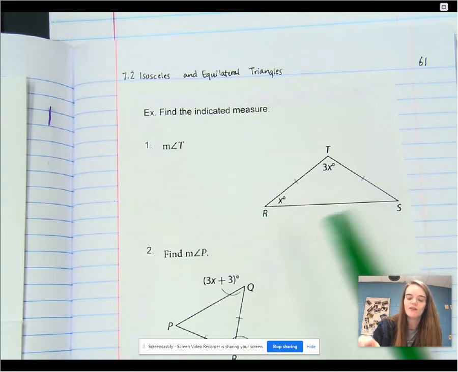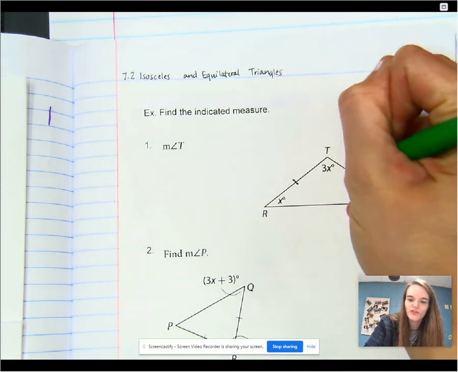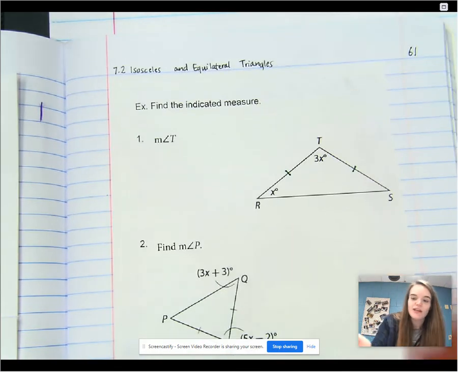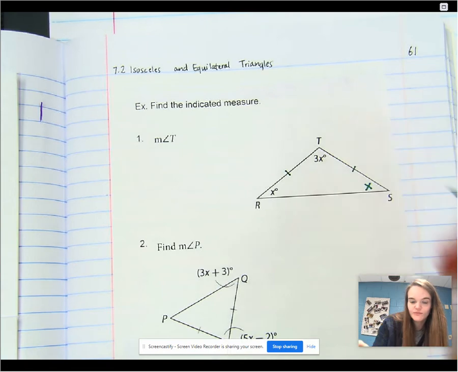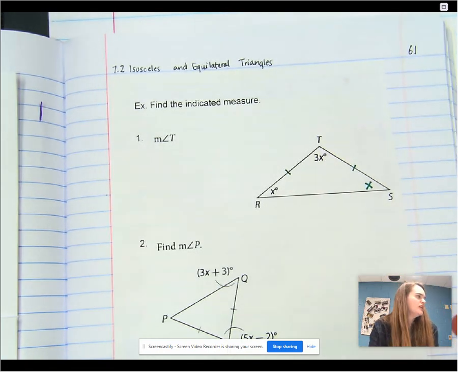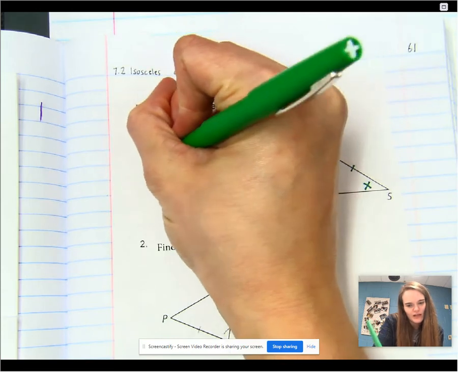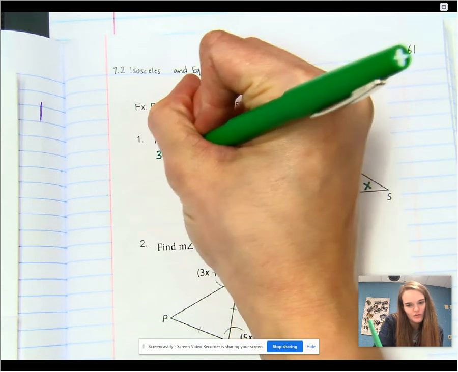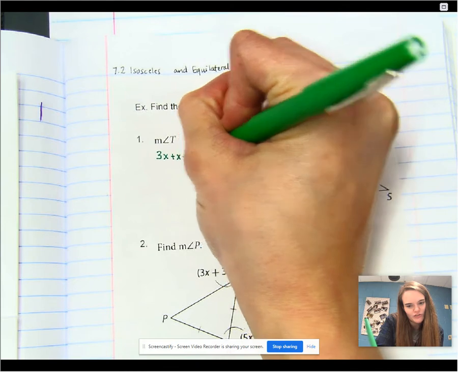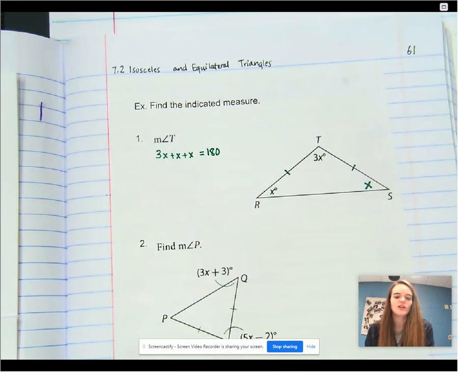So here we have an isosceles triangle because it's got these two marked, which means that S is also X. So we're supposed to find the measure of angle T. Since we have X, X, and 3X, we're going to set up that 3X plus X plus X equals 180 degrees, since there's 180 degrees in a triangle.